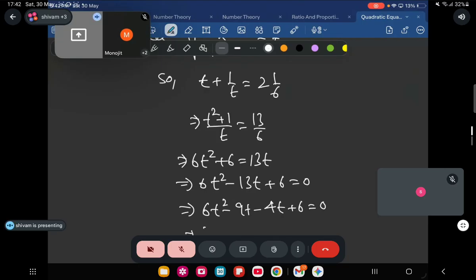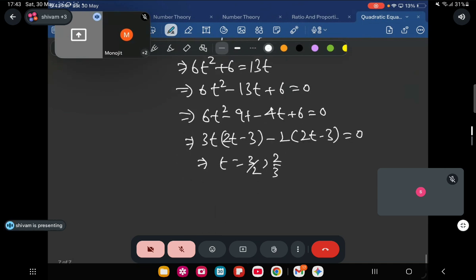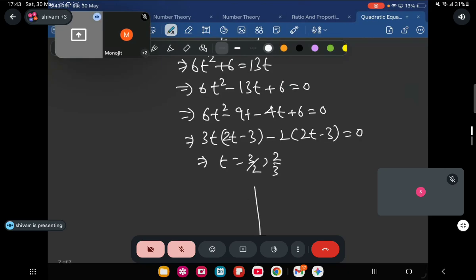Right, this implies taking 3t common, 2t minus 3, minus 2 common, 2t minus 3, is equal to 0. This implies t equal to 3 by 2, comma 2 by 3. It's correct. T equal to 3 by 2, comma 2 by 3, so there will be two cases.